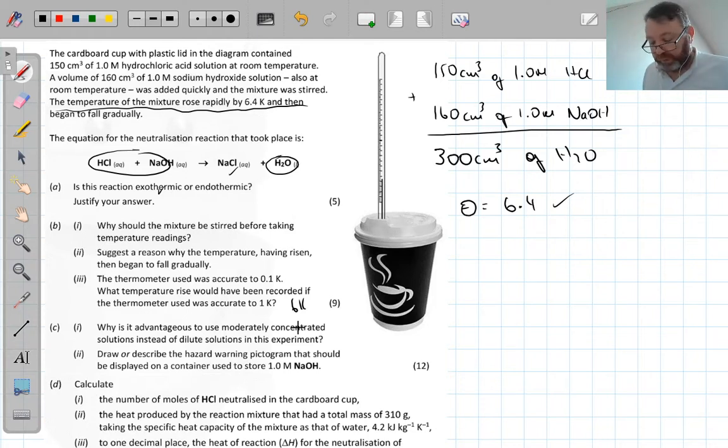Draw or describe. Now in a situation like that, I would do both, okay? Draw or describe the hazard warning pictogram that should be displayed on a container used to store 1 molar NaOH. Now, if your artistic skills are as good as mine, then you know that it used to be a square, but they've changed them now to diamond shapes.